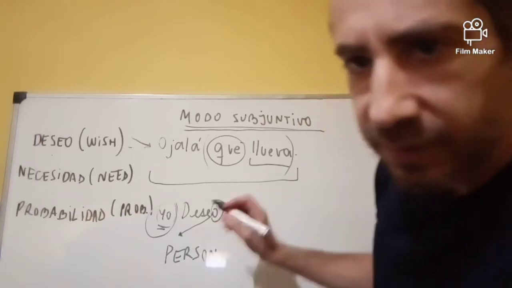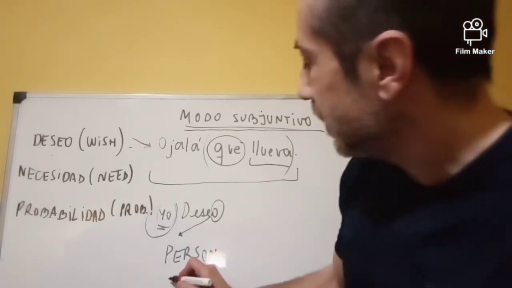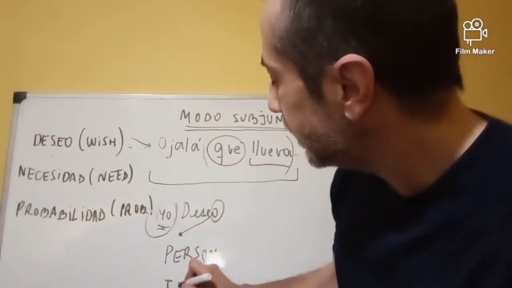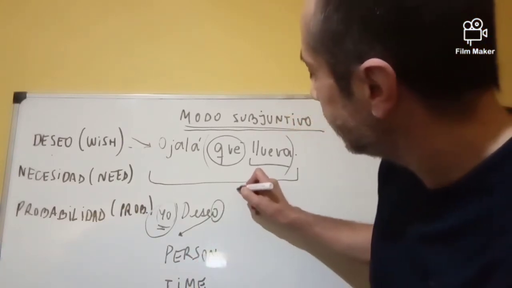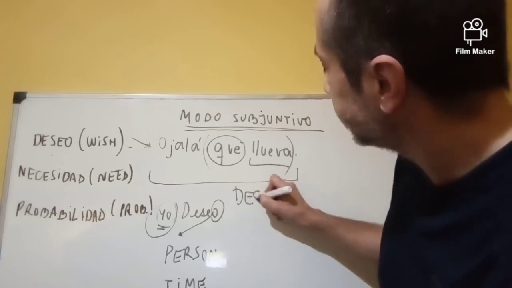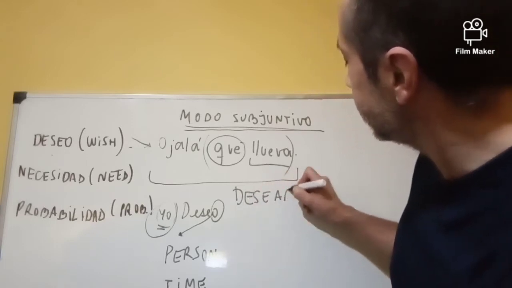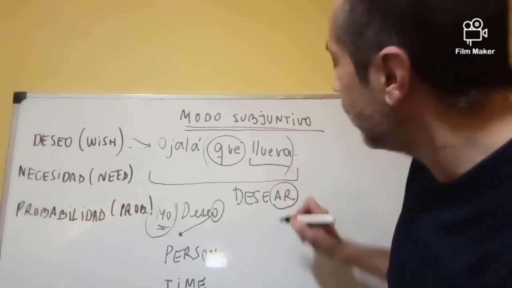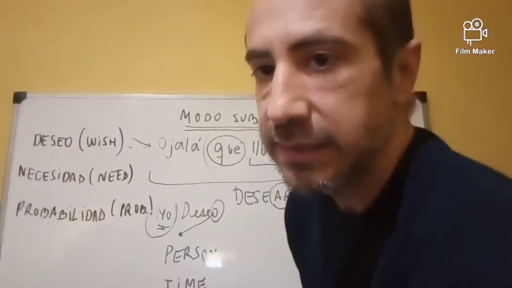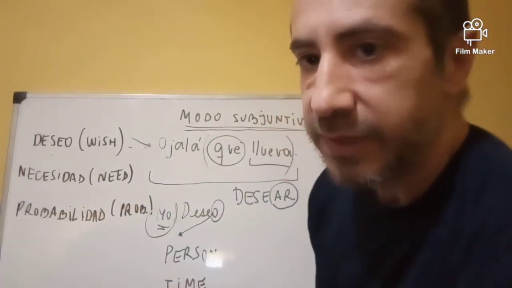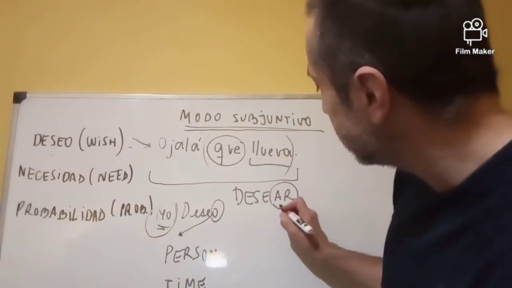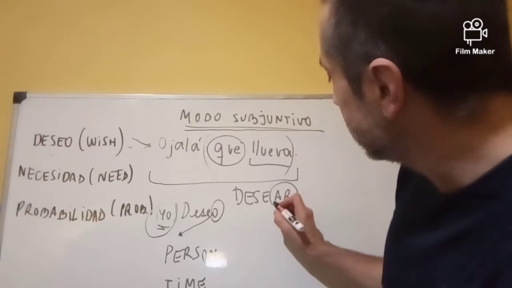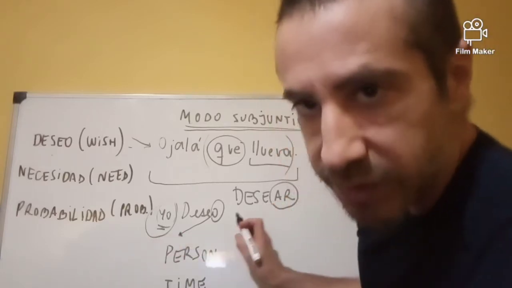Person, time. You know that the verb desear, this is what we call desinencia, the last part of the word that is added to the root of the word.